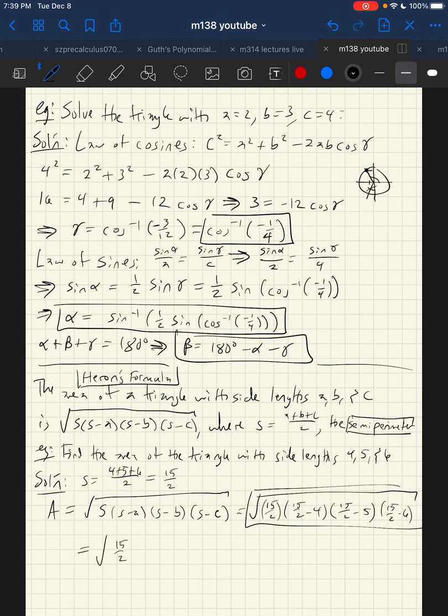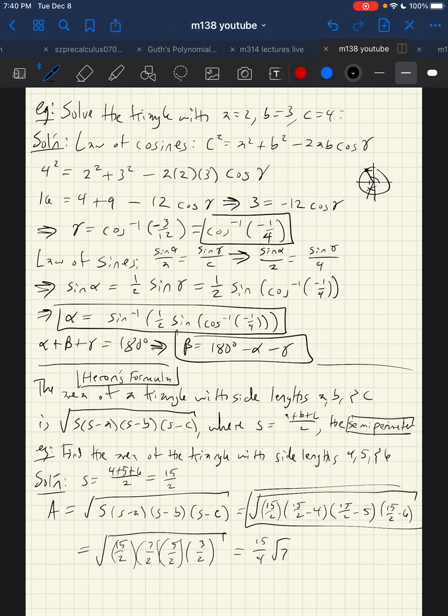We get 15 over 2, now I'm subtracting 8 over 2, so I've got 7 over 2. Now I'm subtracting 10 over 2, I'm left with 5 over 2. And now I'm subtracting 12 over 2, so I'm left with 3 over 2. And what is this going to be? I can pull out 15 over 4, and I'm left with the square root of 7 is what it looks like to me, unless I've made a mistake.